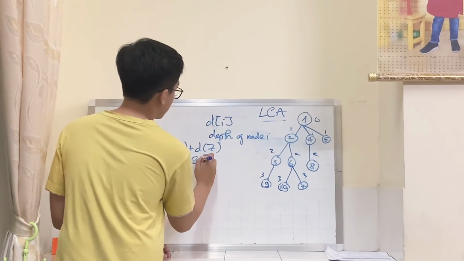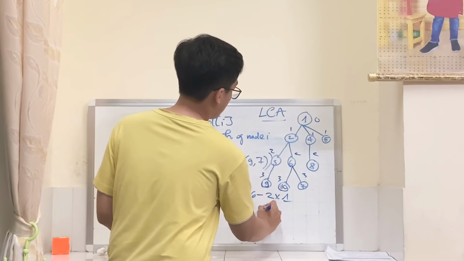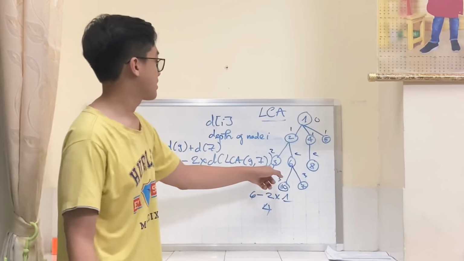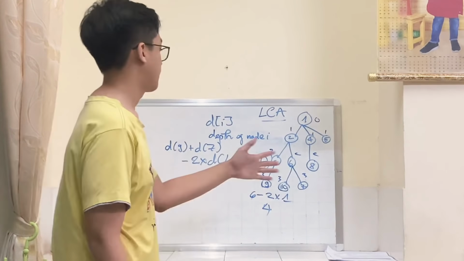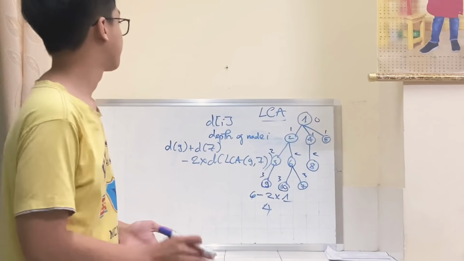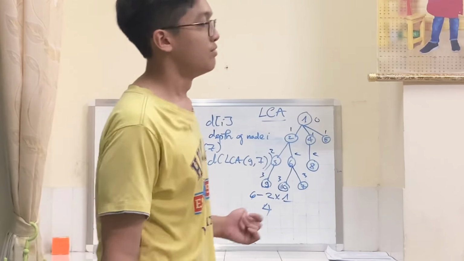Here d9 is 3 and d7 is 3, the sum is 6, and 6 minus 2 times 1 equals 4. So this is the shortest path from node to node on the tree. Using LCA to find the distance is a common problem.